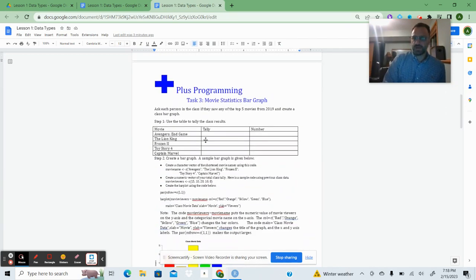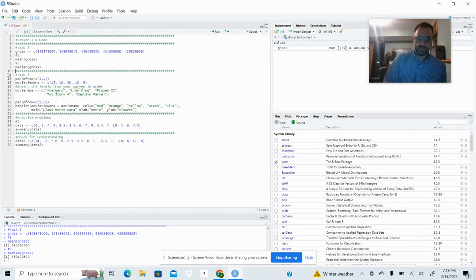So here is an example. Let's take these five movies and just ask how many people in the class saw this movie. If you saw Avengers, say yes, get a count. If you saw Lion King, and so on, and then we're going to create a bar graph of this. This is one way of visualizing the data. The first thing that I do is par(mfrow = c(1, 1)).